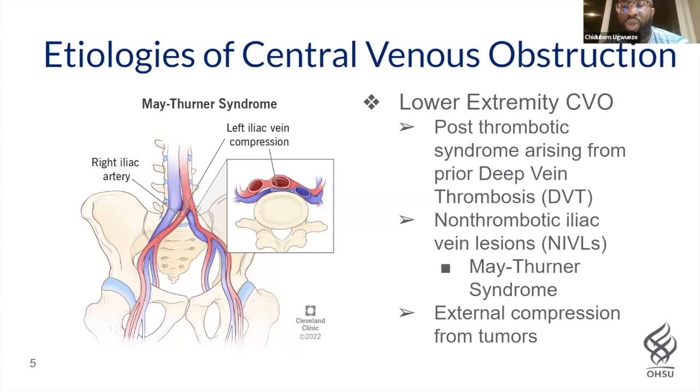Other causes of lower extremity venous occlusion include an entity called a non-thrombotic iliac vein lesion. These are basically external compressions from either a mass or, in the case of May-Thurner syndrome, another syndrome you should be aware of for board testing reasons, an external compression of the left iliac vein by the right iliac artery.